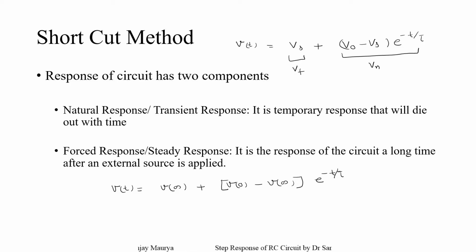So to find the response of an RC circuit, we need to determine three things. One is the initial voltage across the capacitor, that is V0.